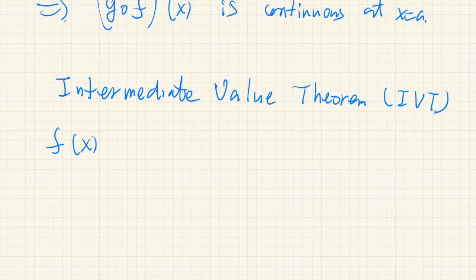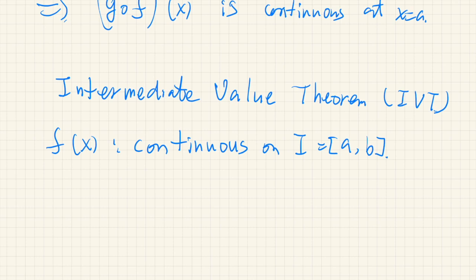Suppose f of x is continuous on an interval, let's say I, that is between a and b. Okay, continuous on an interval means that it's continuous everywhere on this interval. Okay, and also assume that f of a is not equal to f of b.